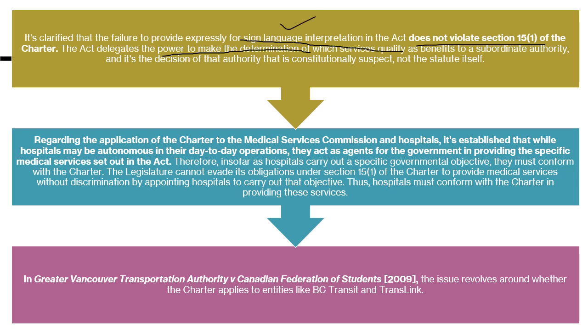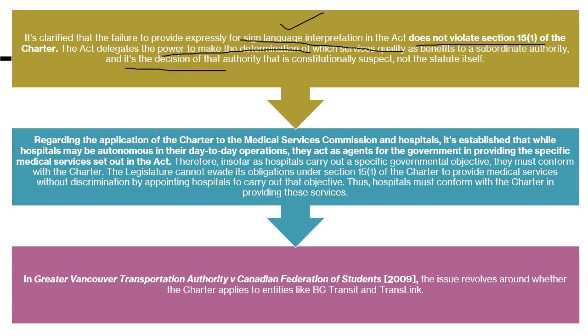So this act does not say that we are not providing, nor that we are providing. What it did was assign this power to a particular subordinate authority, a particular group of people, to decide which services could qualify as benefits under the act, which people as a matter of right can ask to get.